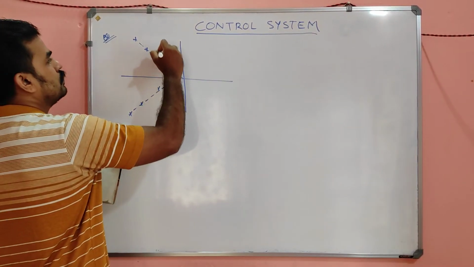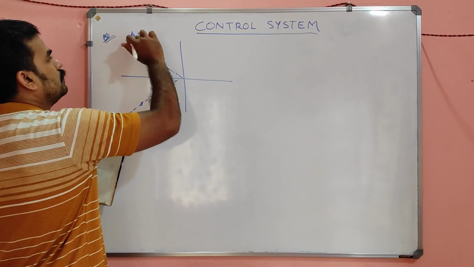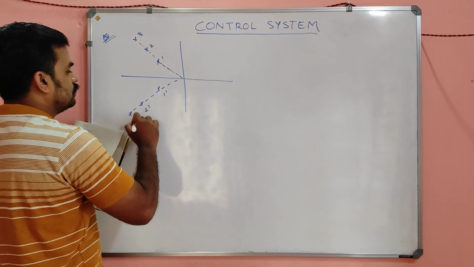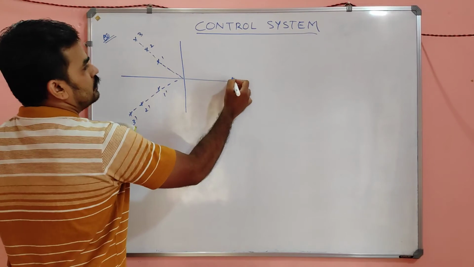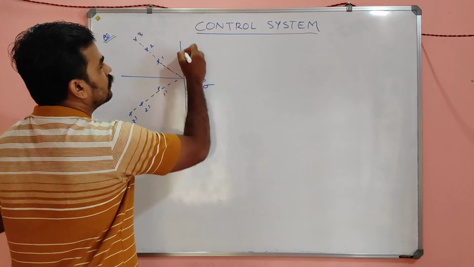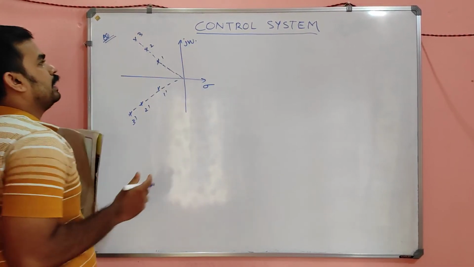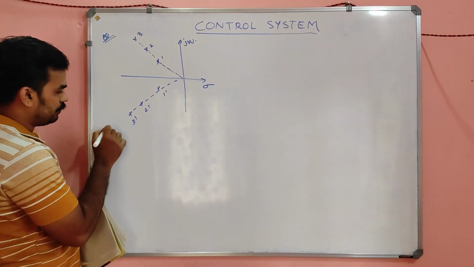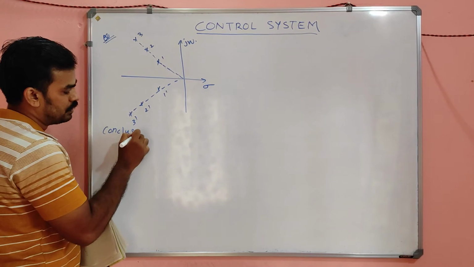This is 1, 2 and 3, 4, the third pole. This is 1 dash. And this is the j omega axis. Then what are the conclusions, my dear? So I will give you conclusions.